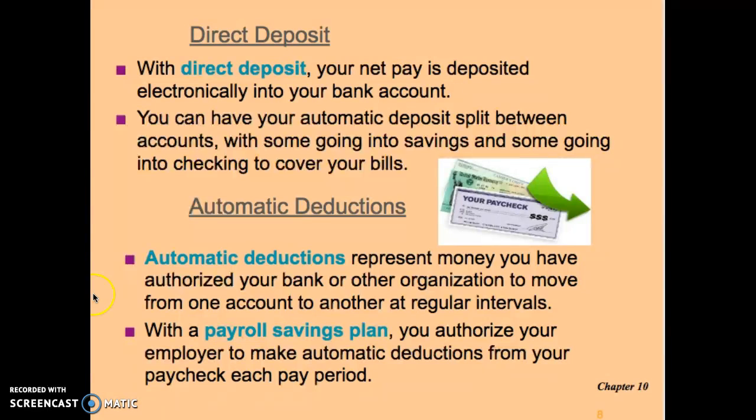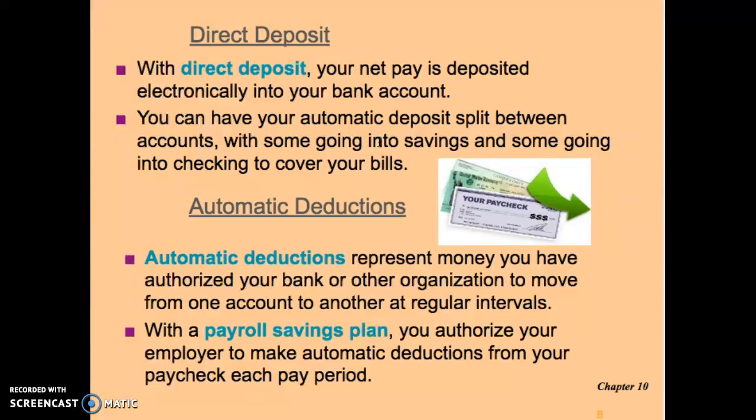Direct deposit goes right in, and some of us, like myself, might have it split into two different accounts, one of them to pay my bills, and some of that money goes into a side account for my summer savings because teachers don't get paid in the summer at South Brunswick, so I set up my own deposit that goes into a side account so that I can get checks back in the summer just like I'm still getting paid.